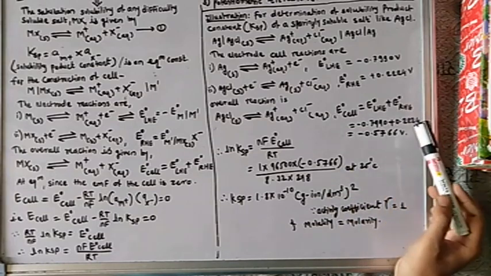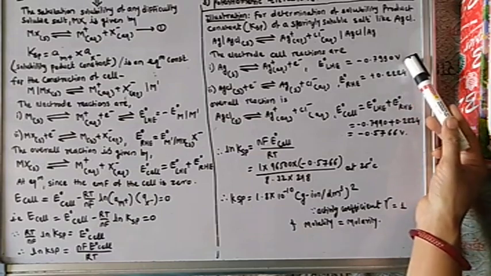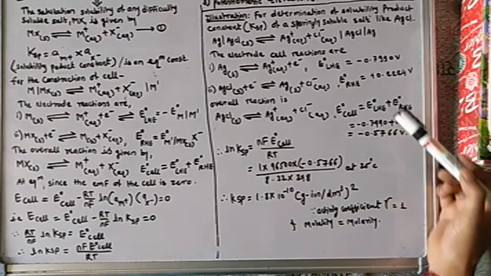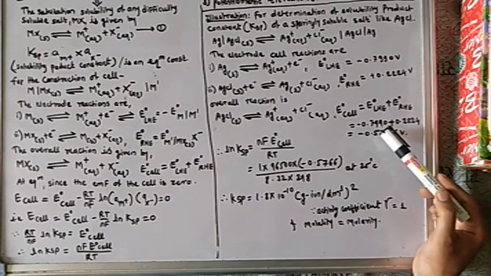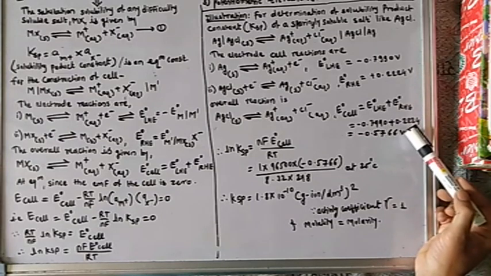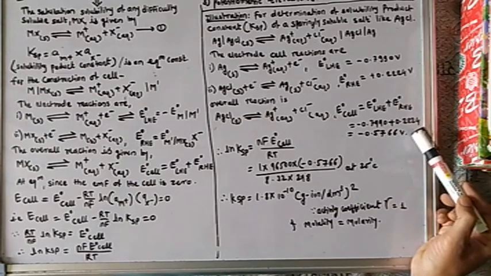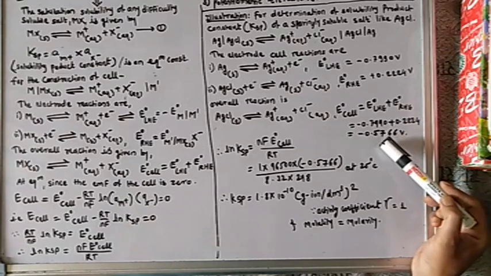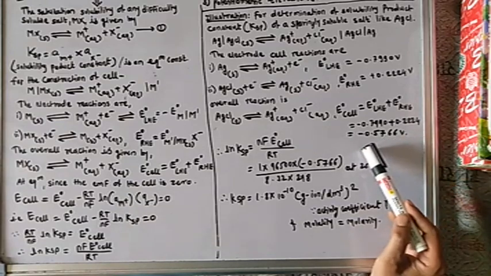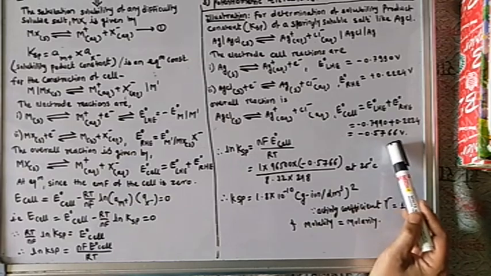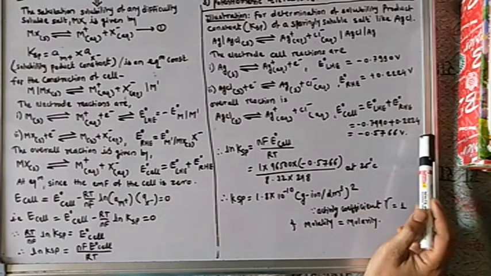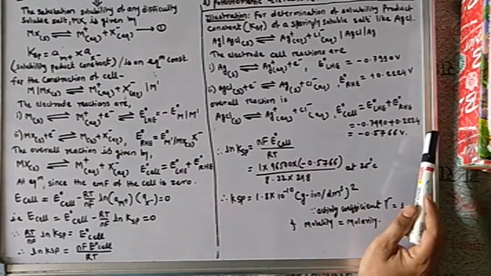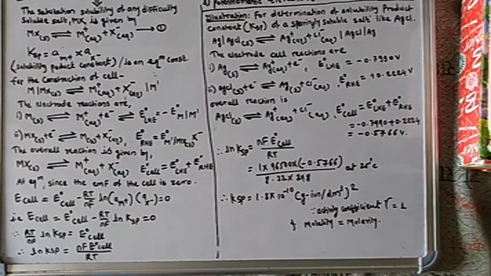The values of the potential for the left and right hand electrodes are minus 0.7990 plus 0.2224, and overall we get E standard of cell equals minus 0.5766 volt. We know the equation for the solubility product is ln Ksp equals nF into E standard of cell divided by RT.